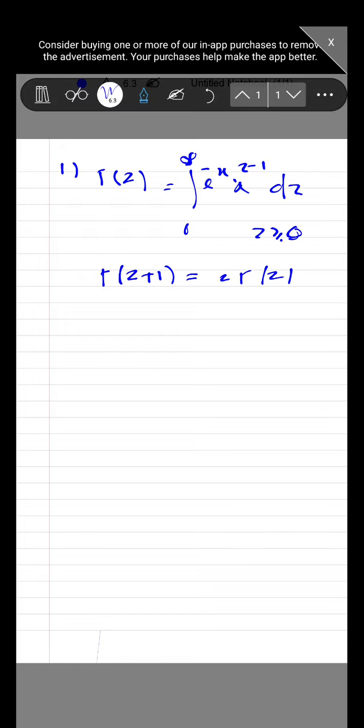So if we expand this, we can write it as the limit t tends to infinity, 0 to t, e to the power minus x, x to the power z minus 1 dx, replacing z by z plus 1, and so integrating by parts.